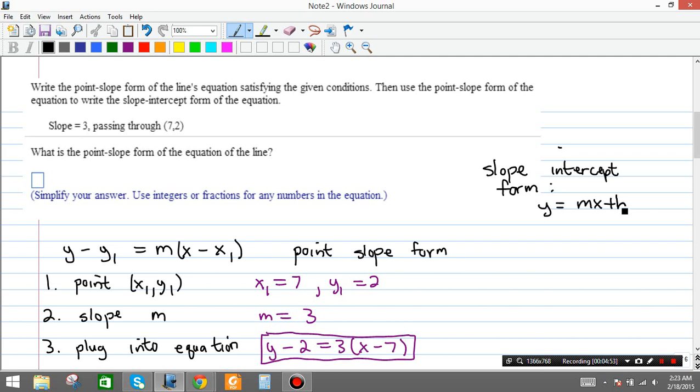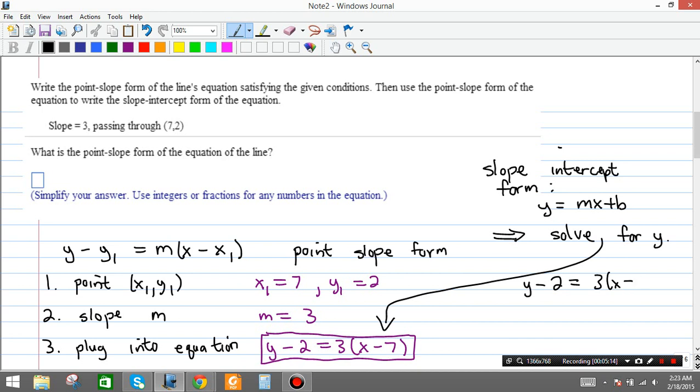And so what that means is solve this for y. And so if I had y minus 2 equals 3 times x minus 7, now we're going to solve for y.